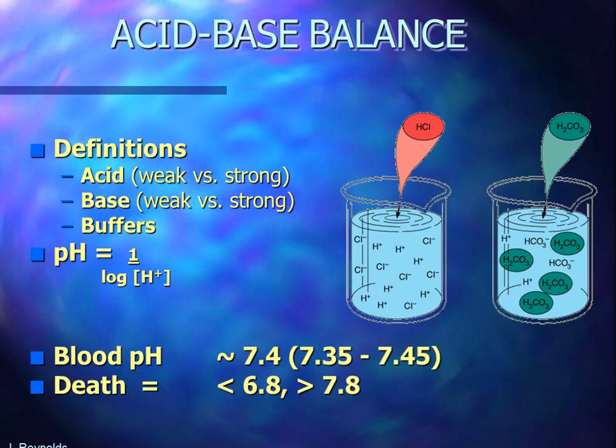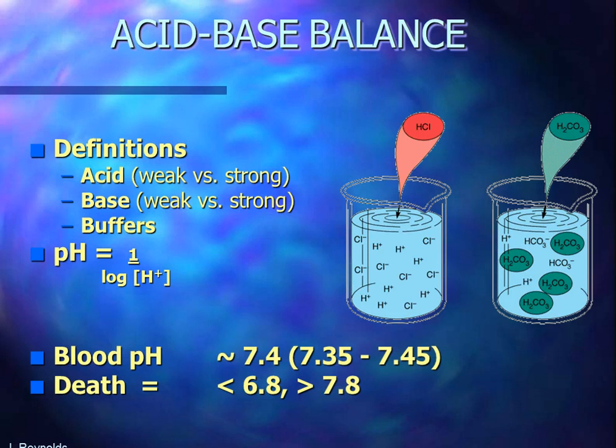Strong bases, weak bases, they work the same way. I just happen to have 2 acids here, a weak and a strong acid. Strong acids are at the low end of the pH scale, 1, 2, 3. Strong bases are at the high end of the pH scale, 12, 13, 14. Weak acids are more towards neutral, 6, 5.